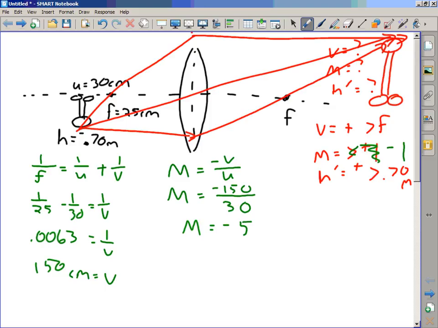So magnification is negative 5. And now magnification also equals what? H prime divided by H. So negative 5 equals H prime, what I'm looking for, divided by H, and my H is negative 0.70. Now, I don't have to convert here.